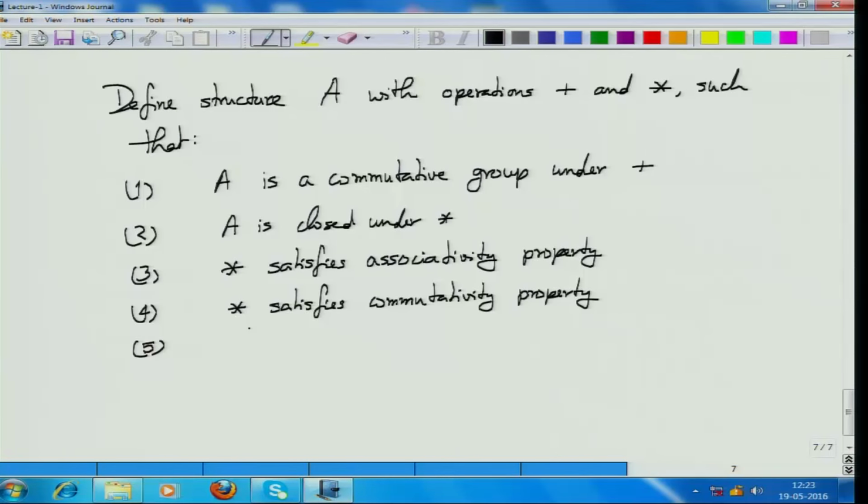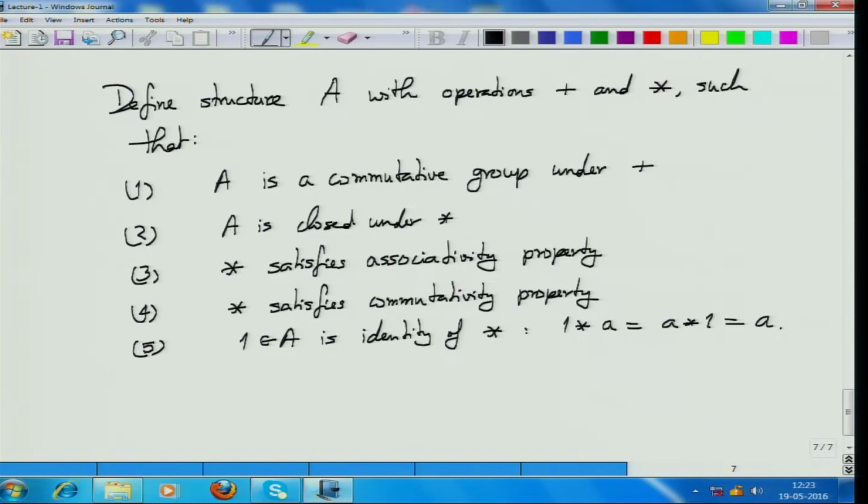Then there is the identity also present.